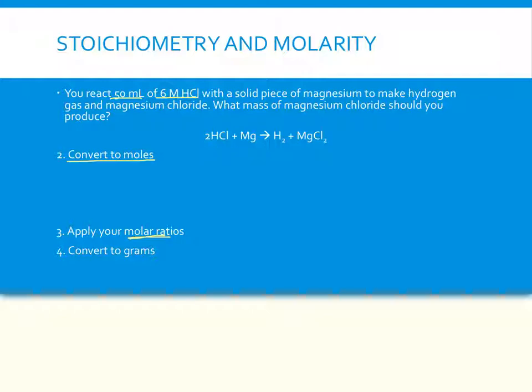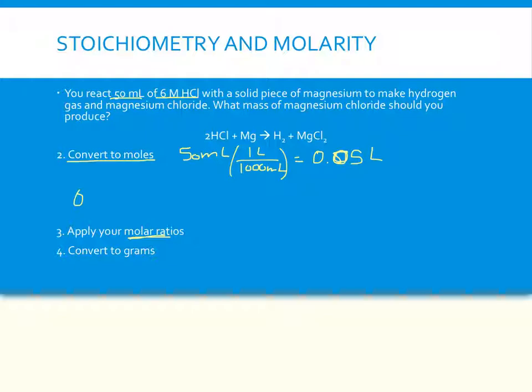I can convert that to moles, except it's coming out from the molarity equation, so you have to convert those milliliters to liters. So first I'm going to start by doing 50 milliliters divided by 1,000 milliliters per 1 liter gives me 0.05 liters.